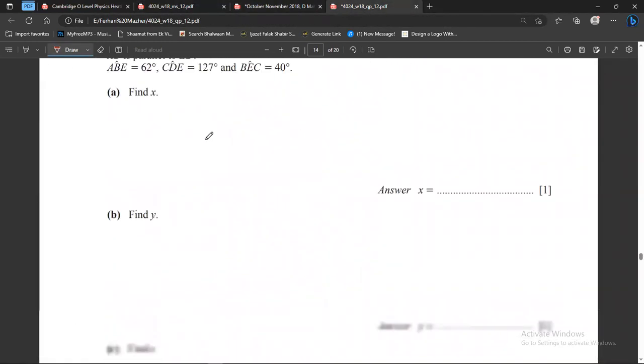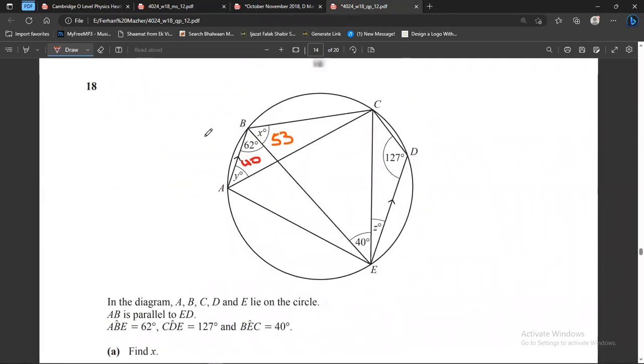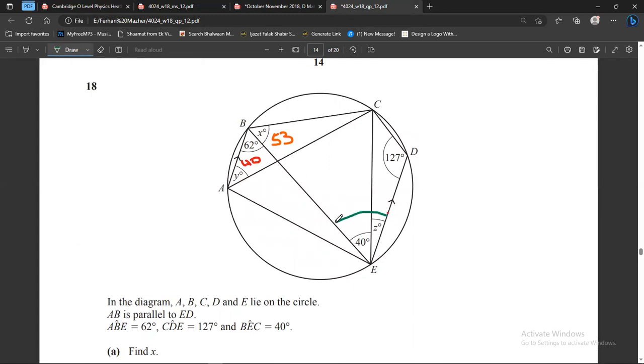Then the next question is find the Z. Z is here. Let me change the color to green. This angle and this angle are alternate to each other. Can you see these parallel lines?